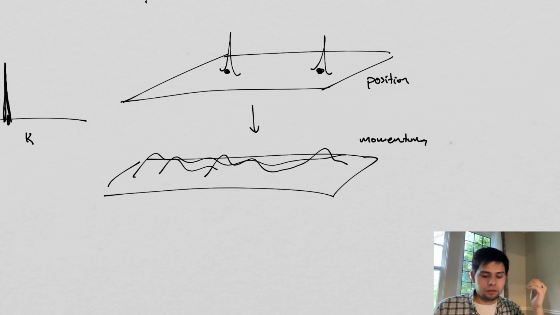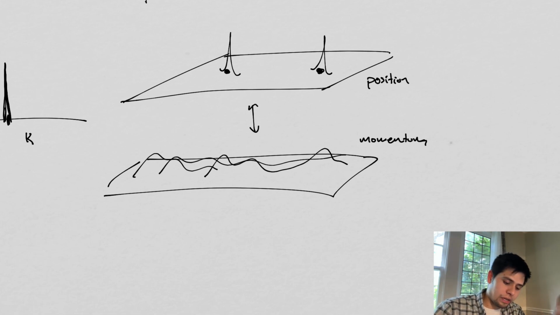And the reason I'm trying to hit this home multiple times is that if I've said something that confused you once, hopefully it doesn't confuse you as much the other times. The point I'm trying to get across is that we can interchange between position space and momentum space using these Green's functions.